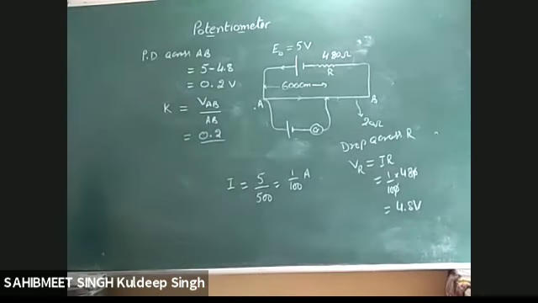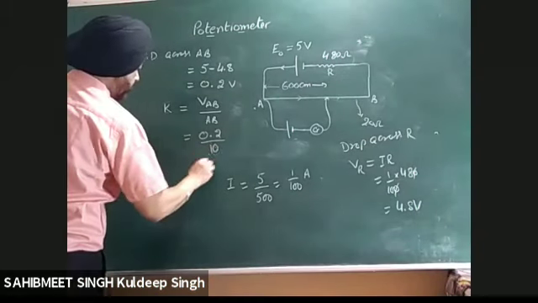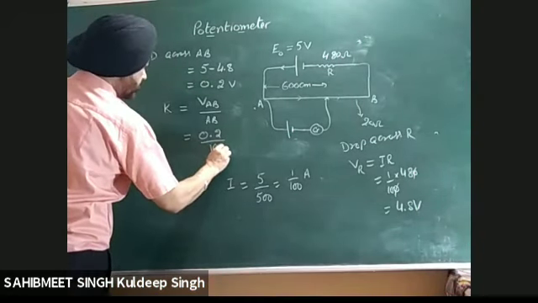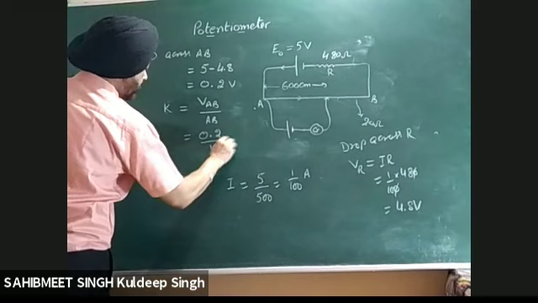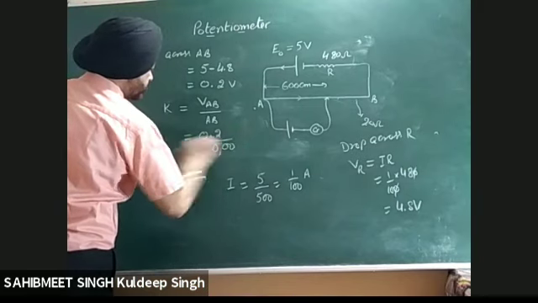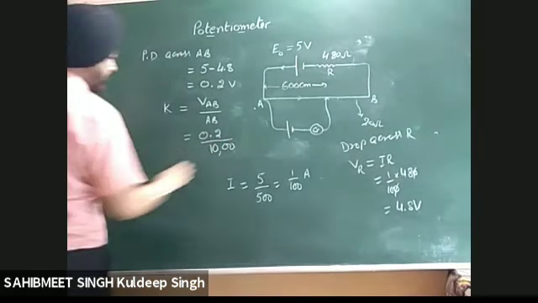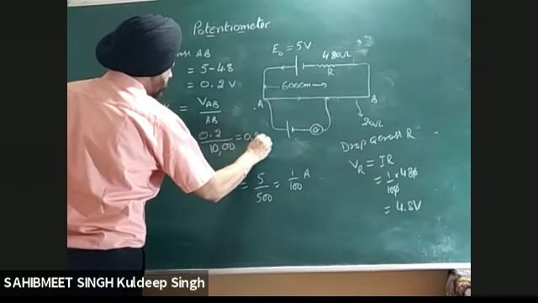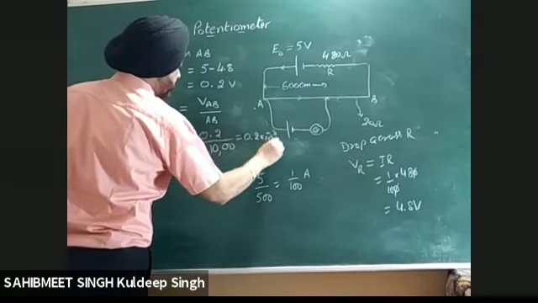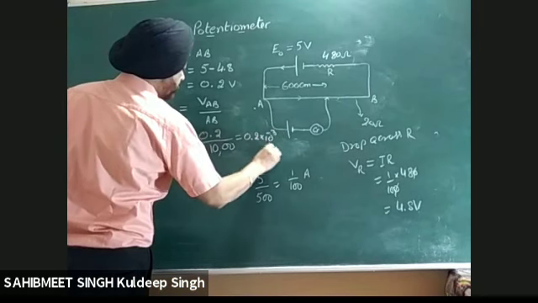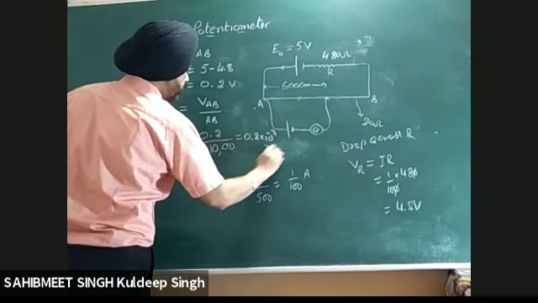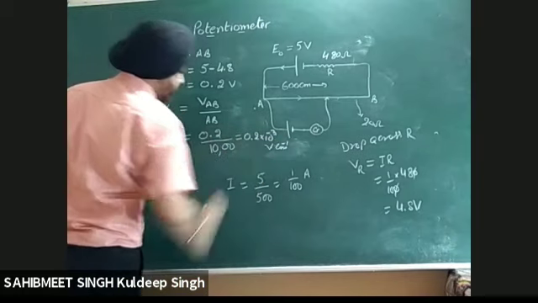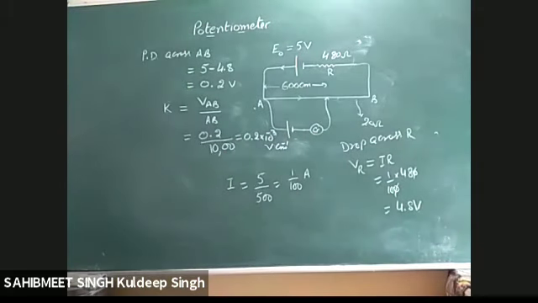And how much is the length of the wire given? The length of the wire given is 10 meter. This is in meter, and I can convert into centimeter. So therefore, I have 0.2 into 10 raised to power minus 3 volt per centimeter. So this is the potential gradient.